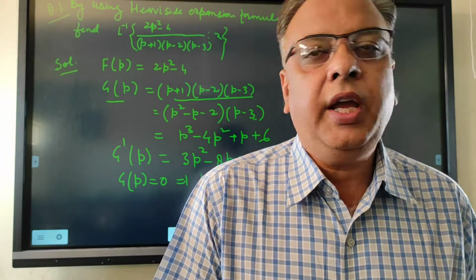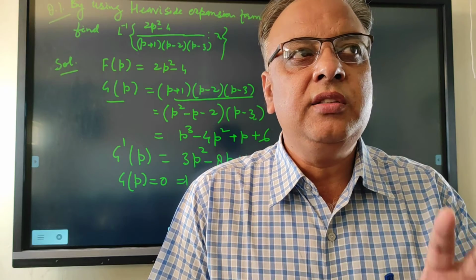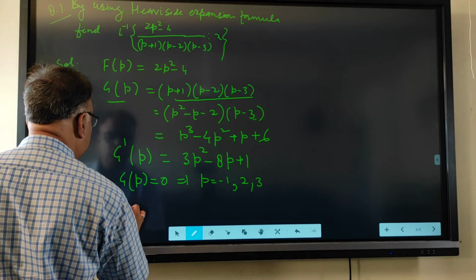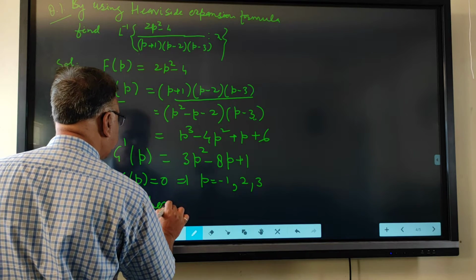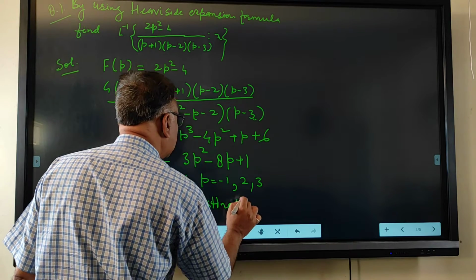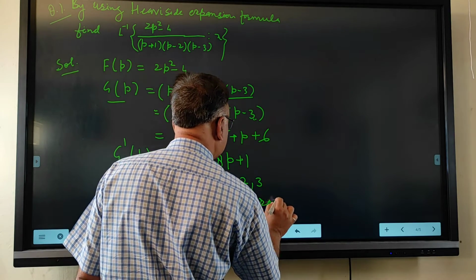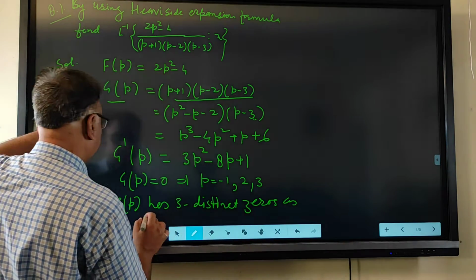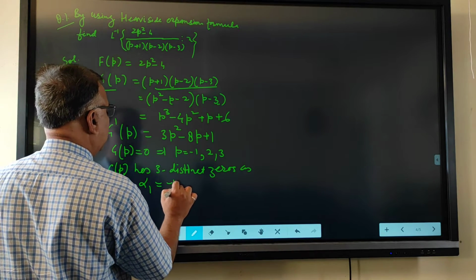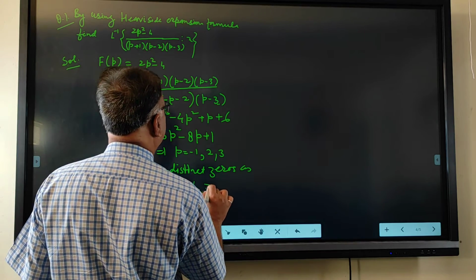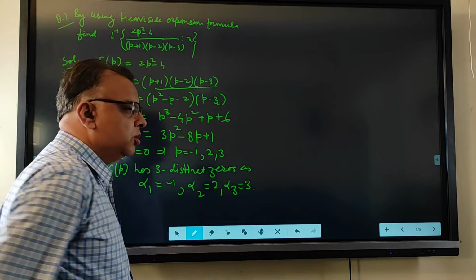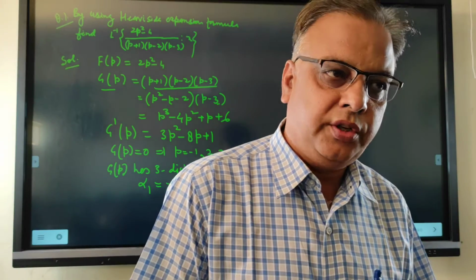So G(p) has three distinct zeros, α1 = −1, α2 = 2 and α3 = 3. So all the roots of G(p) are distinct.